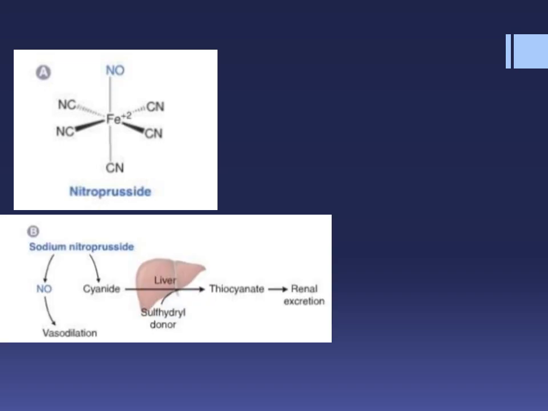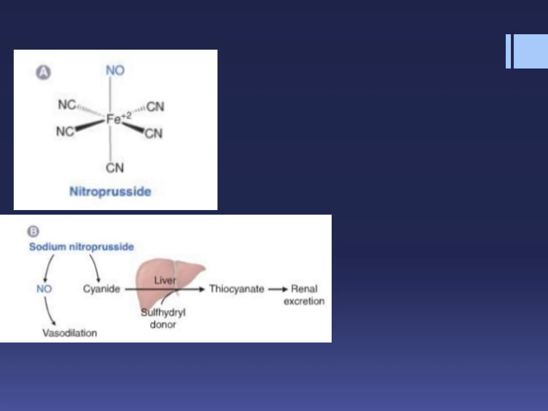What is happening is that sodium nitroprusside gets converted into NO, releasing NO, which causes vasodilation. But at the same time, it is also releasing cyanide, which enters the liver, where it gets converted into thiocyanate.